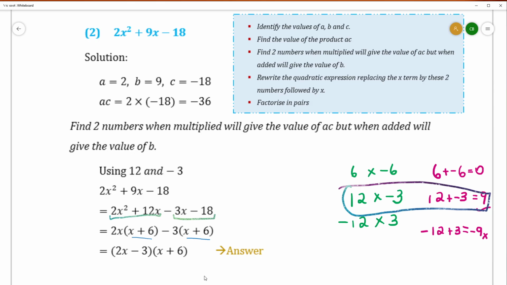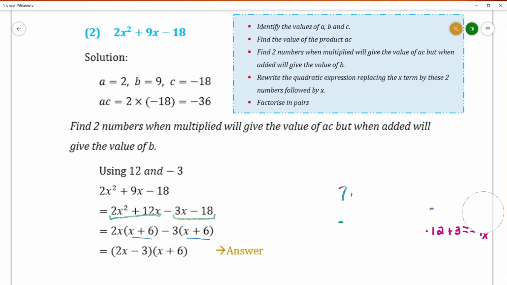So we write the 2x and the minus 3 in one bracket, and then the x plus 6 in the other bracket. Again, just as before, to double check, we can rewrite our factors on the side and expand the brackets just to be sure that what we did so far is correct. So our answer is 2x minus 3 by x plus 6.